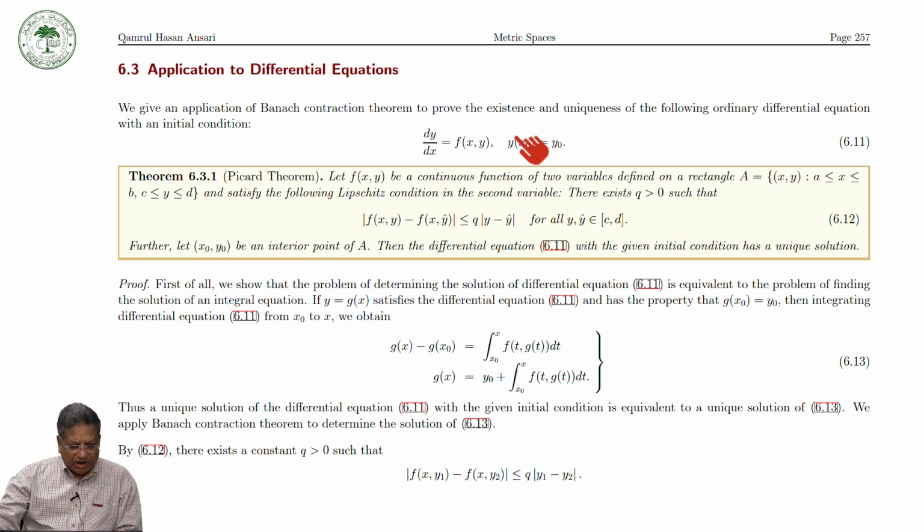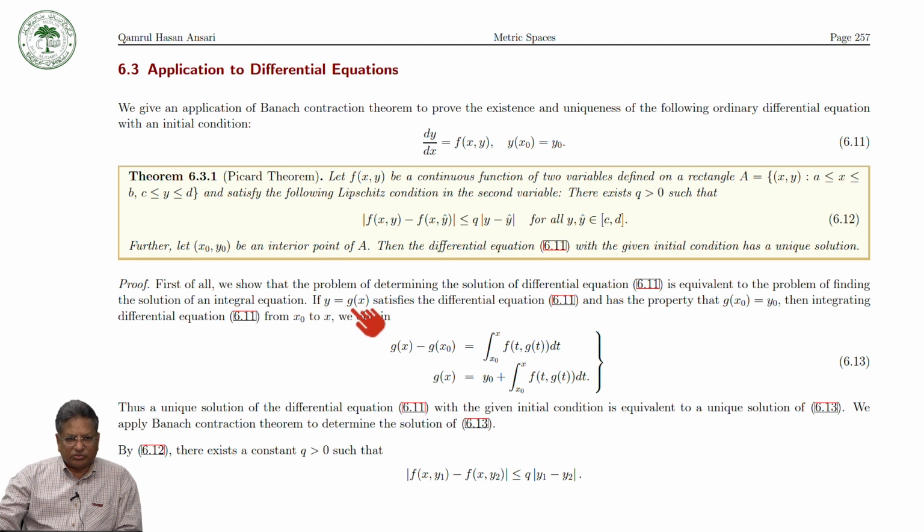Now to prove the Picard theorem, first of all we show that the problem of determining the solution of this differential equation is equivalent to the problem of finding the solution of an integral equation. What is that?